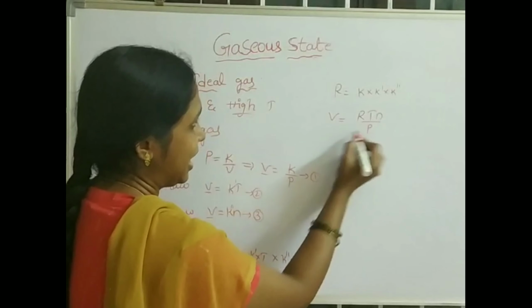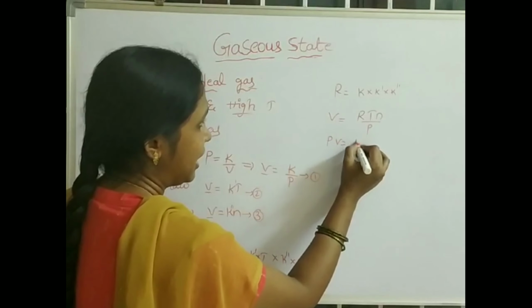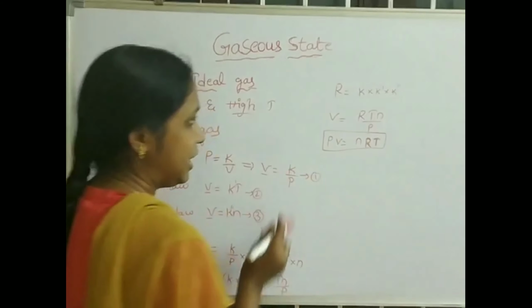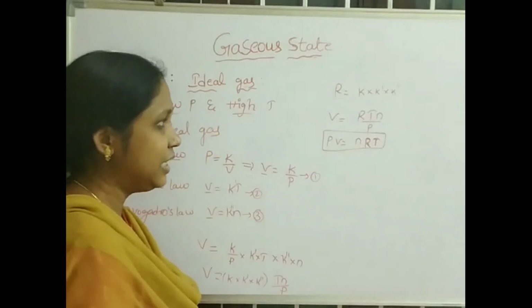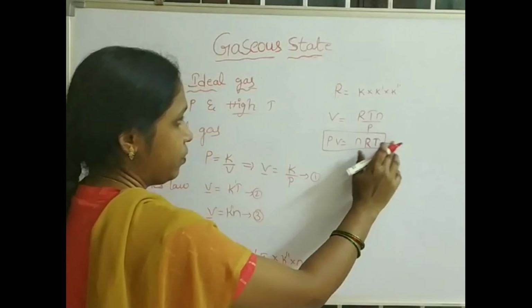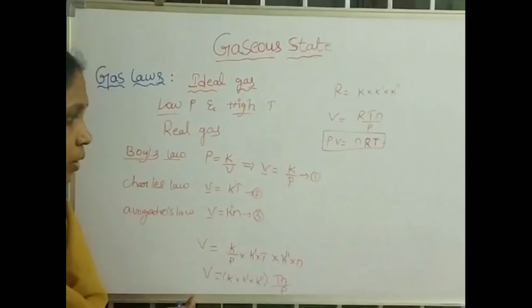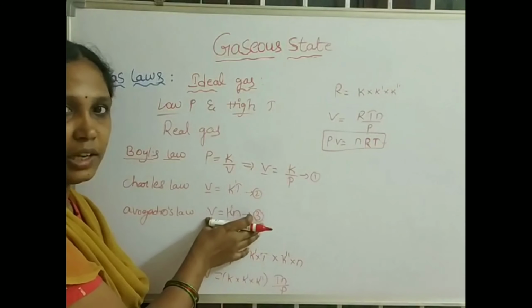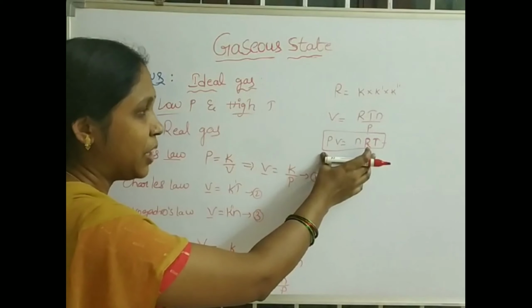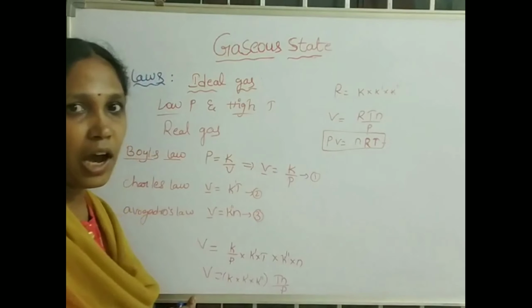That we will say PV equal to nRT. This is the ideal gas equation. By combining the three laws, we get the ideal gas equation, that is PV equal to nRT.